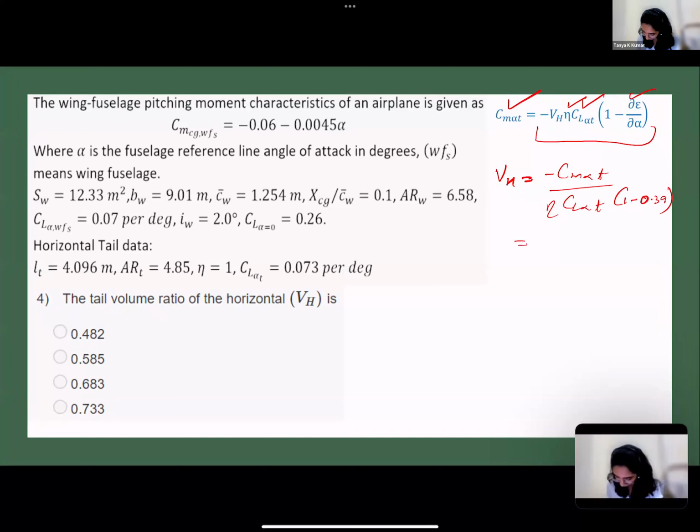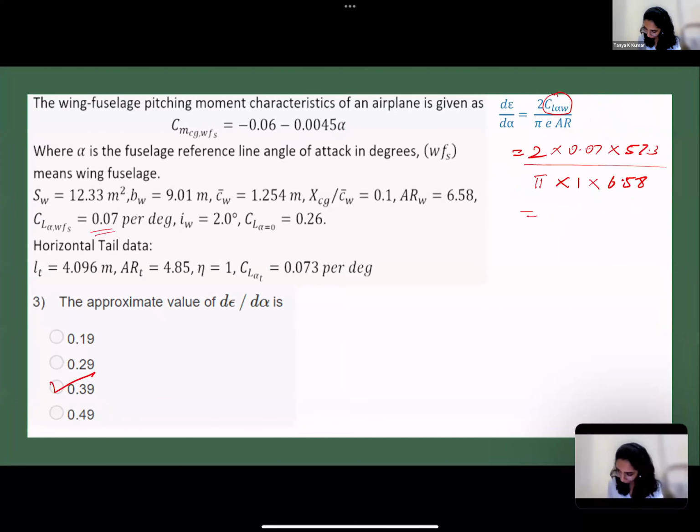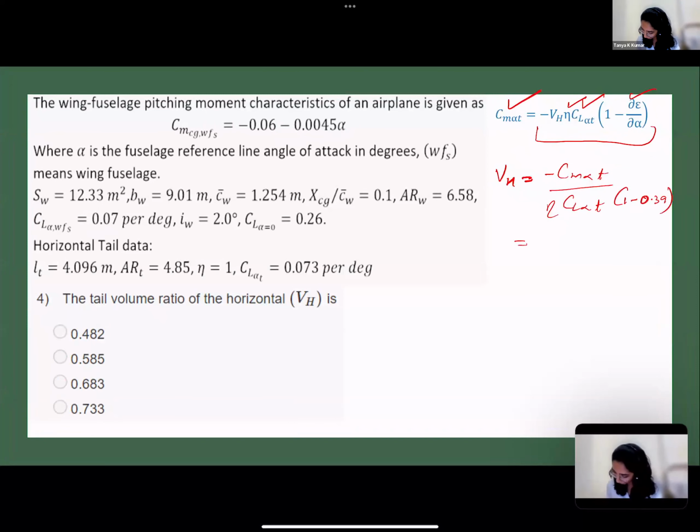So Cm alpha tail, what was the value? Minus 0.035. Minus 0.0305 by eta, which is given as 1. Cl alpha tail, Cl alpha of the tail.